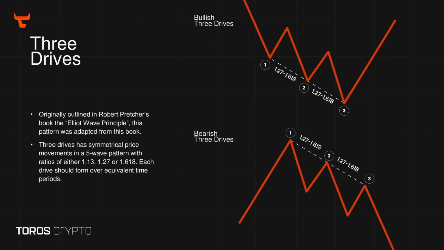So you're looking for symmetrical price movements, and you're also looking for pattern ratios between a 1.27 to a 1.618 for both of them. So ideally, like with all harmonic patterns, being symmetrical is better.